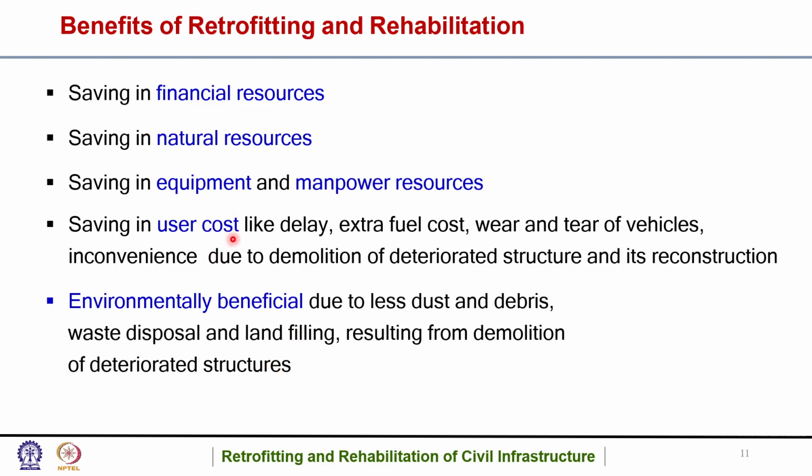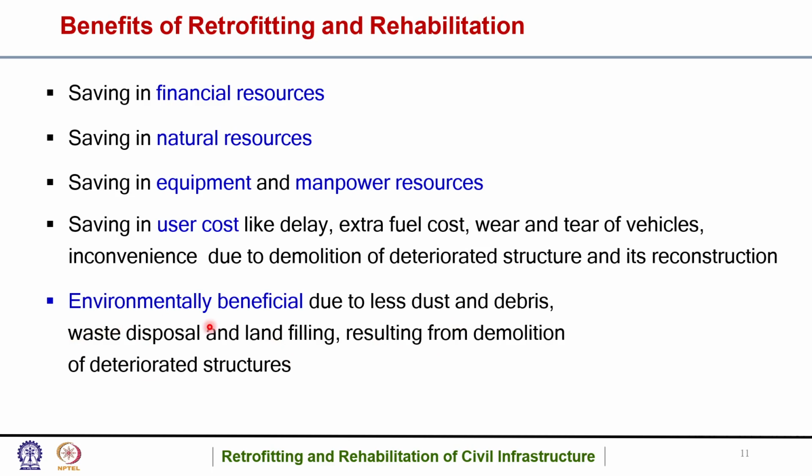Fourthly, it is saving of user costs like delay, extra fuel cost, wear and tear of vehicles, and inconvenience due to demolition of the deteriorated structure and its reconstruction. And fifthly, it is environmentally beneficial due to less dust, debris, waste disposal, and landfilling. It is beneficial because too much generation of all those may result in environmental hazard.